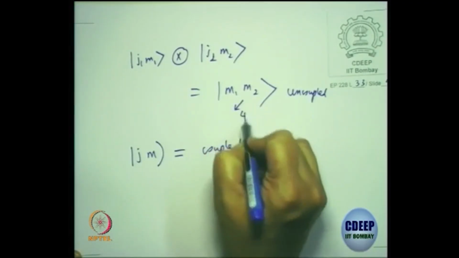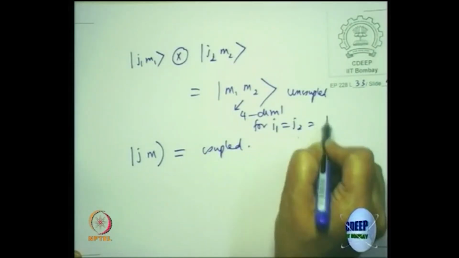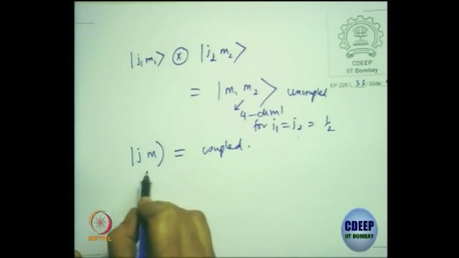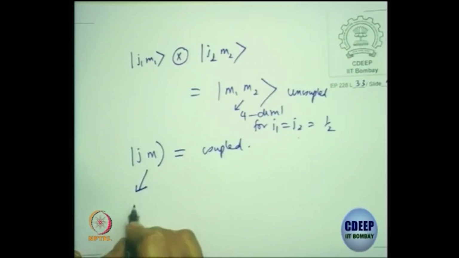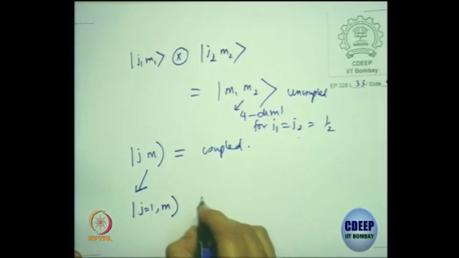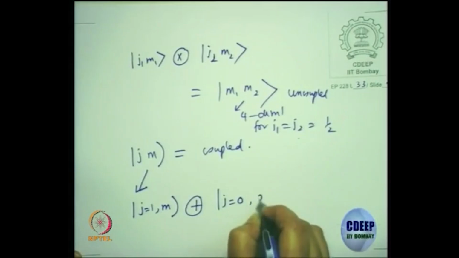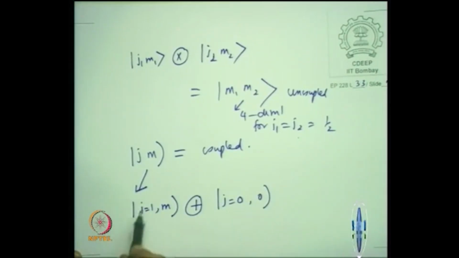This is also 4-dimensional for J1 equal to J2 equal to half, and this one can be written as J equal to 1 M and a sum with J equal to 0, 0, right? This is what you saw.